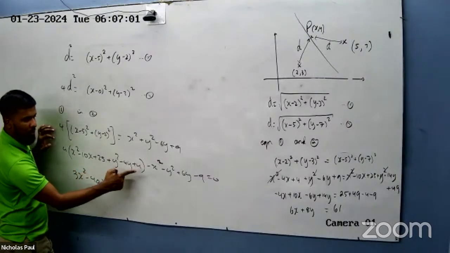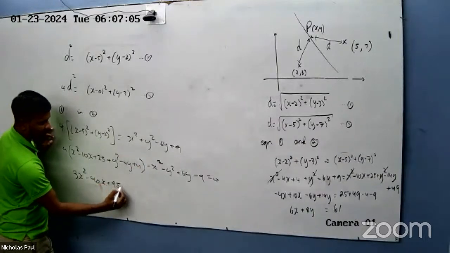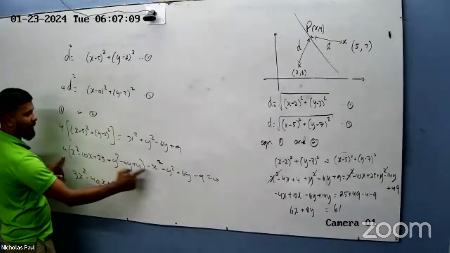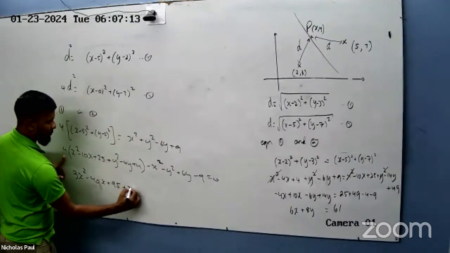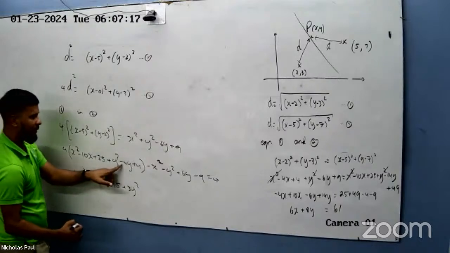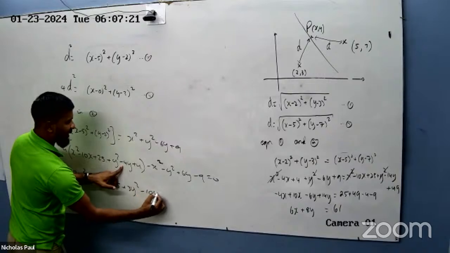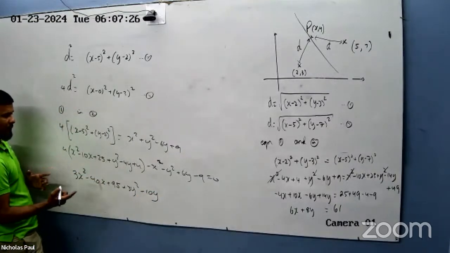Then deal with the y squared now. 4y squared minus y squared is positive 3y squared. Minus 16 plus 6 is minus 10y. Deal with the constants already, yeah?